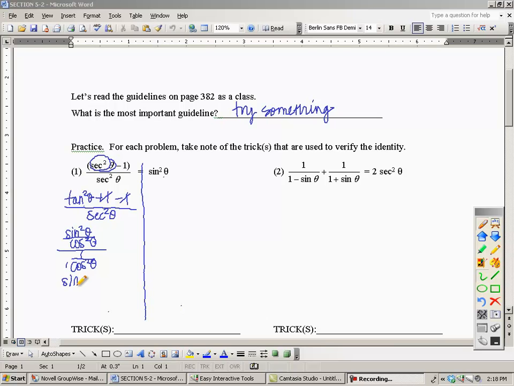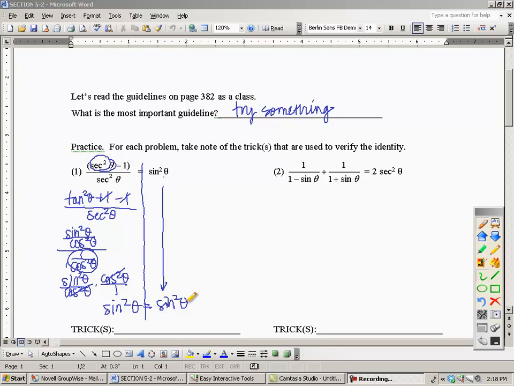So the sine squared over cosine squared, multiplied by the reciprocal of the denominator, cosine squared over 1, you'll notice that my cosine squareds cancel out. So what I have left is sine squared, and basically you can draw that this comes right back down, sine squared.